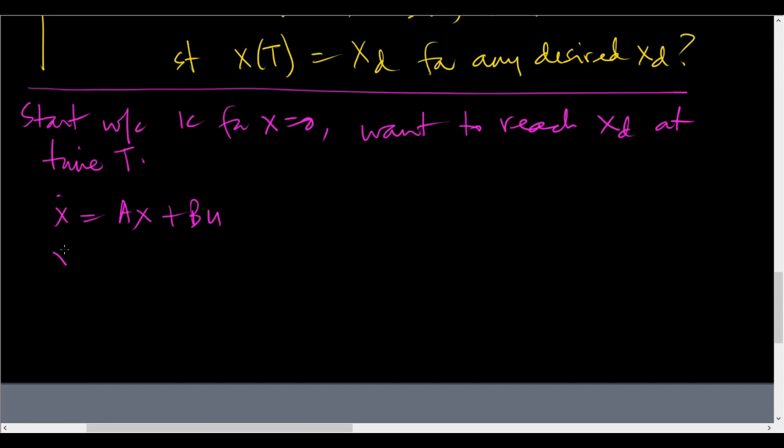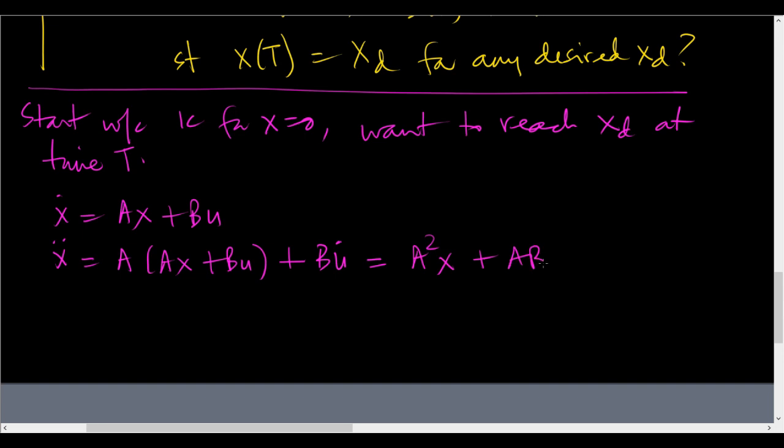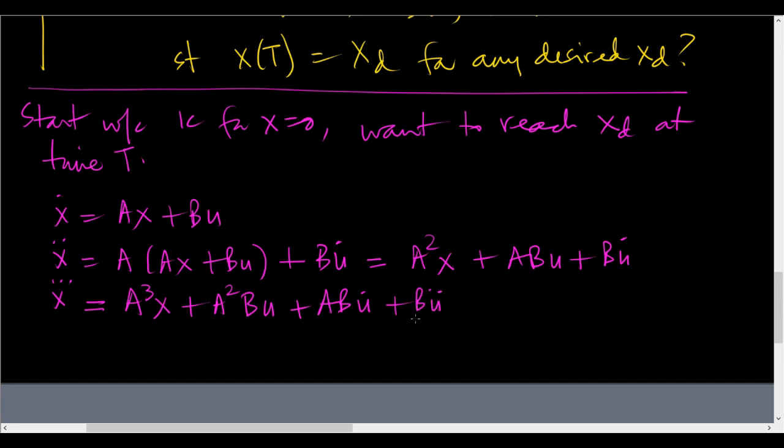That means x double dot is equal to a times ax plus bu plus bu dot, which is equal to a squared x plus abu plus bu dot. Then x triple dot is equal to a cube x plus a squared bu plus abu dot plus bu double dot.